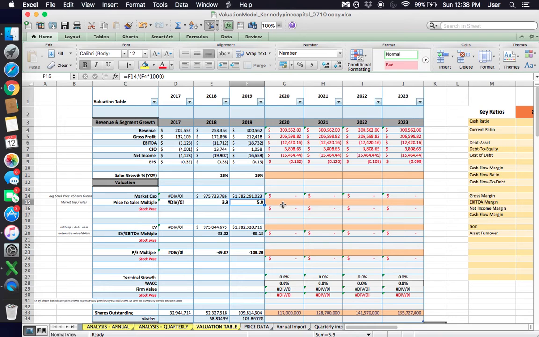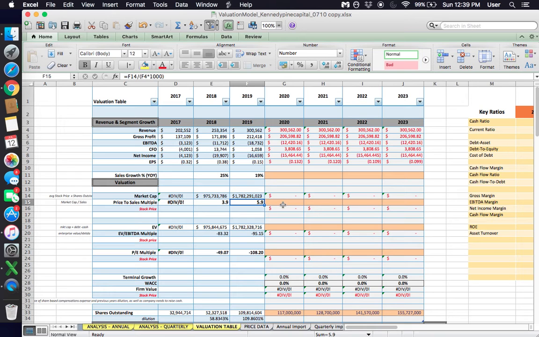Now, typically with the price to sales multiple, the average for a growth company will be somewhere closer to 10 times sales. 5 times sales is typically too cheap, 10 times sales is about average, and 15 times sales is on the expensive side.